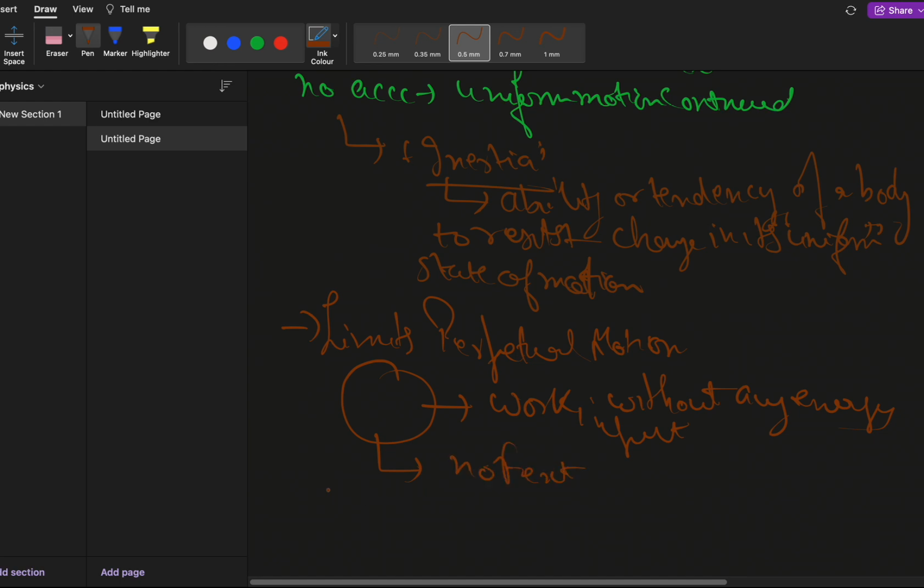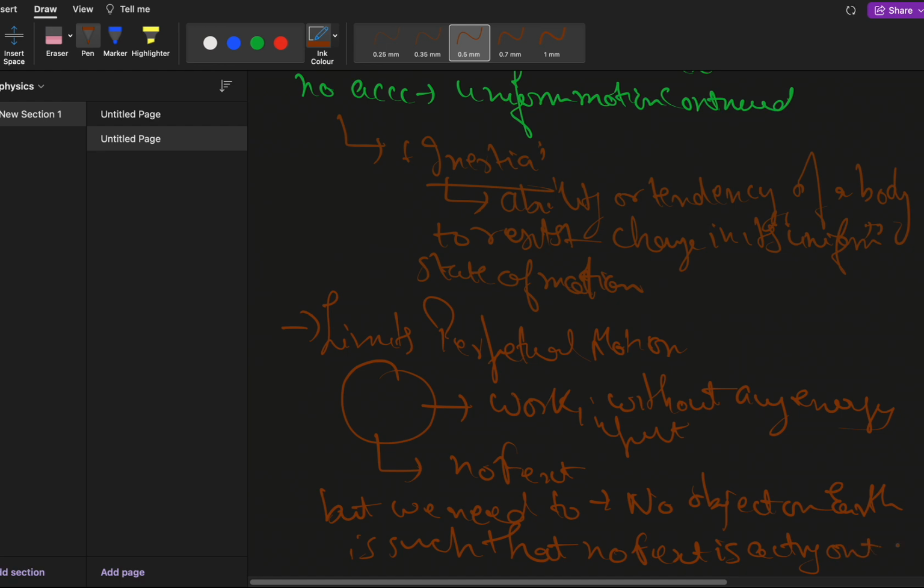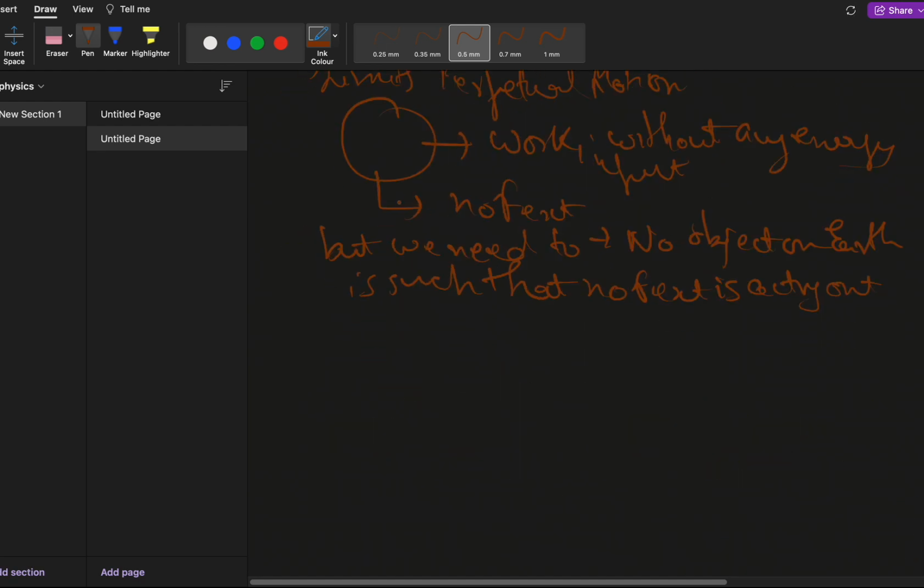But we need to understand there is no object on earth such that no F external is acting on it. On every object an external force acts. In daily life we can see many examples of external force, let us say friction.